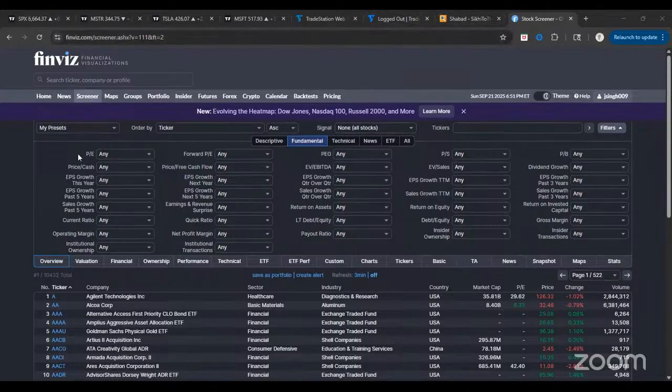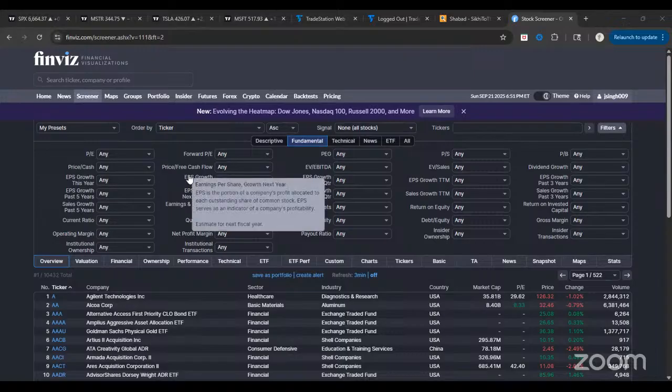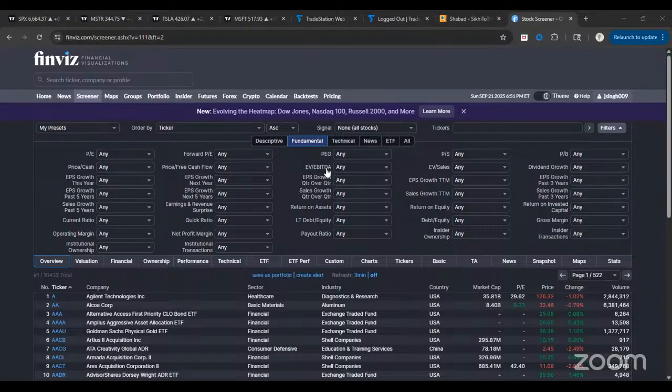Okay, so in Finviz, there's the screener, and there are a lot of filters here. The nice thing is, if you take your mouse over any of these filters, it gives you a little bit of definition, so you don't have to wonder what everything is.